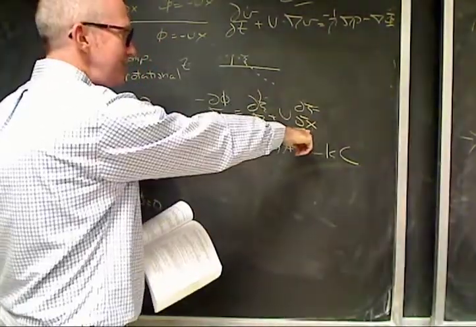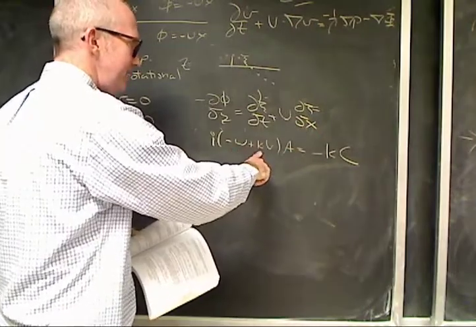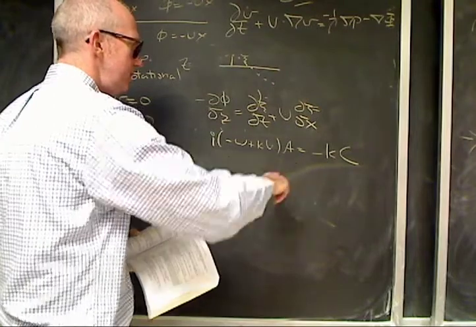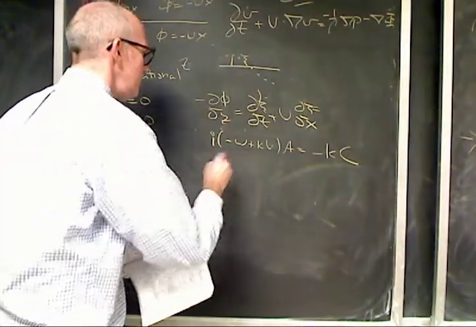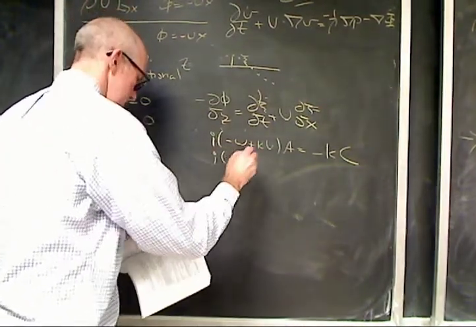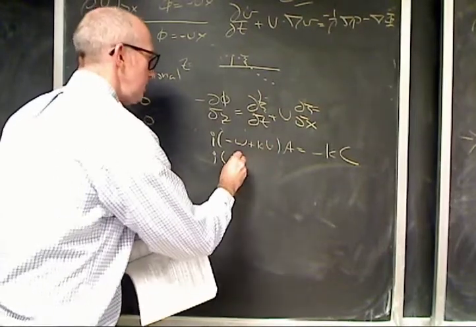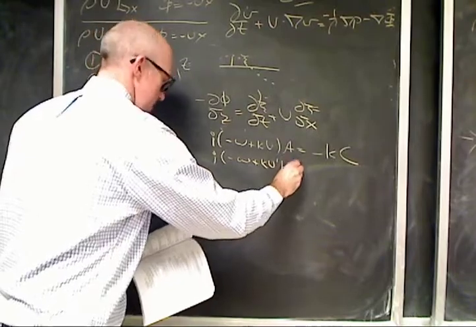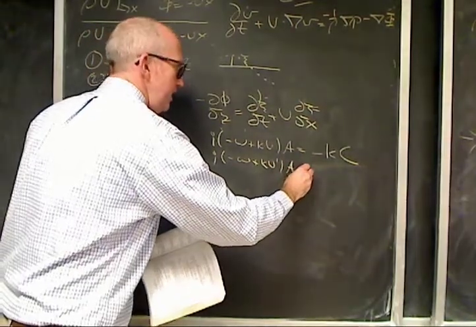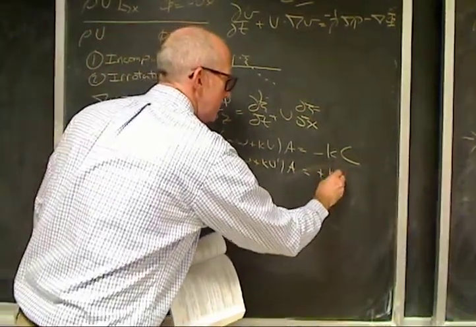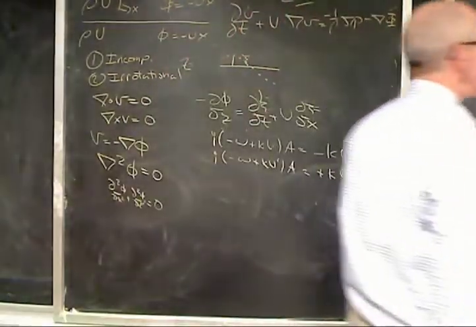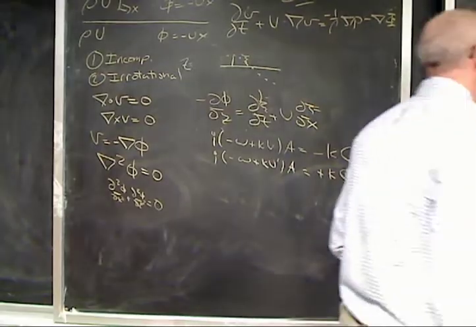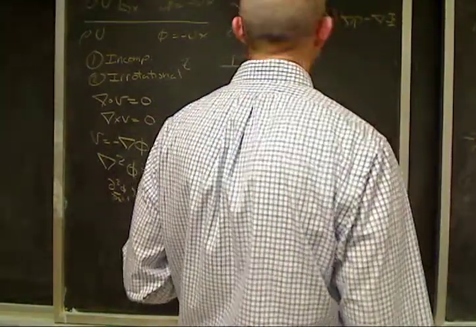And then d phi dx brings down a k, and then the dx dt brings down an omega. So I got an equation that looks like this, and then I'll have another equation that looks very similar. I times minus omega plus k u prime times a equals plus kc. Oh, that's something I forgot to say over here. One of these is a minus, and one of these is a plus.